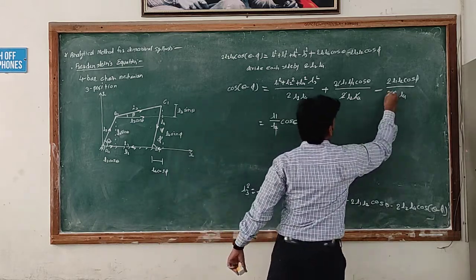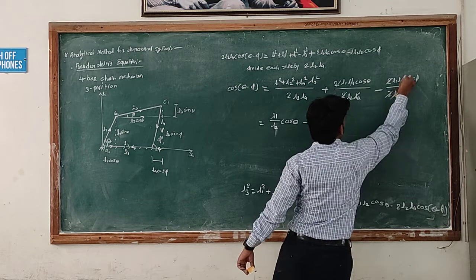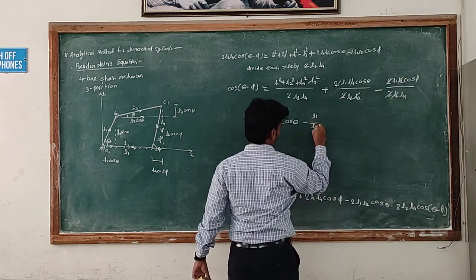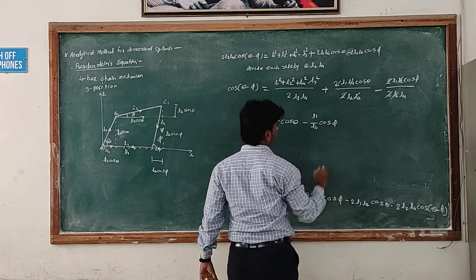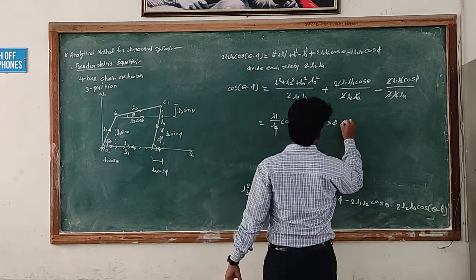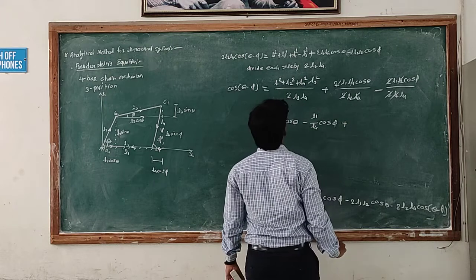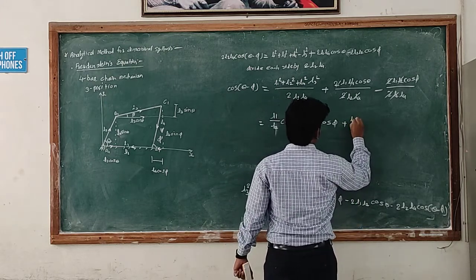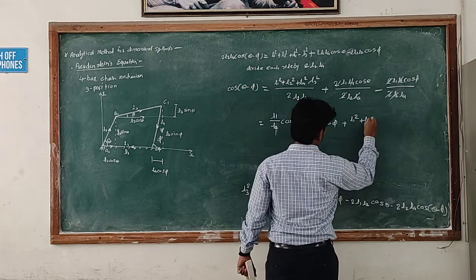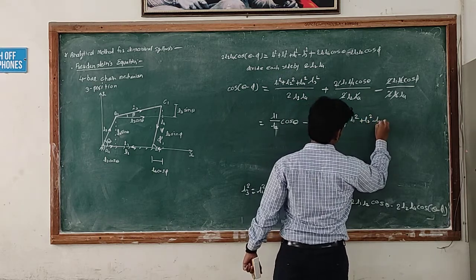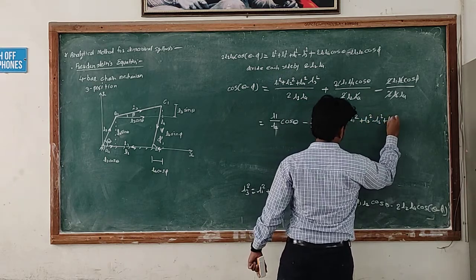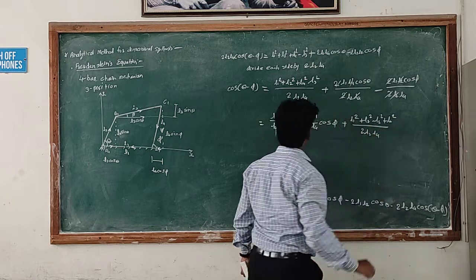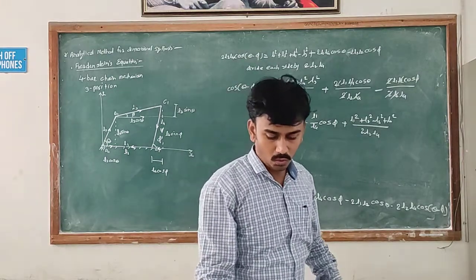Then in the next term the 2 gets cancelled and L2 gets cancelled, so it is L1 upon L4 into cos of phi, plus L1 square plus L2 square minus L3 square plus L4 square upon 2 L2 L4.